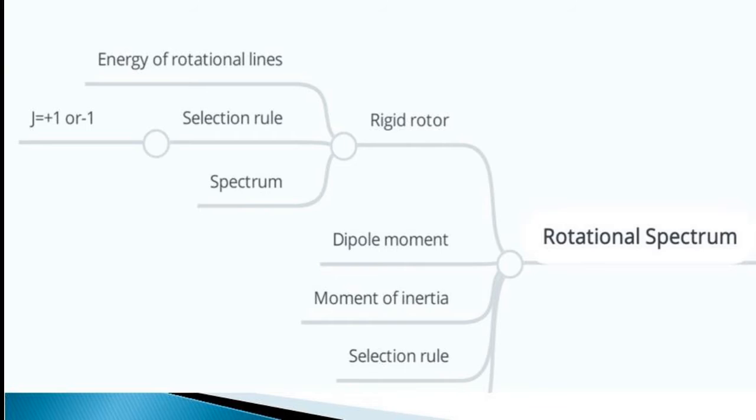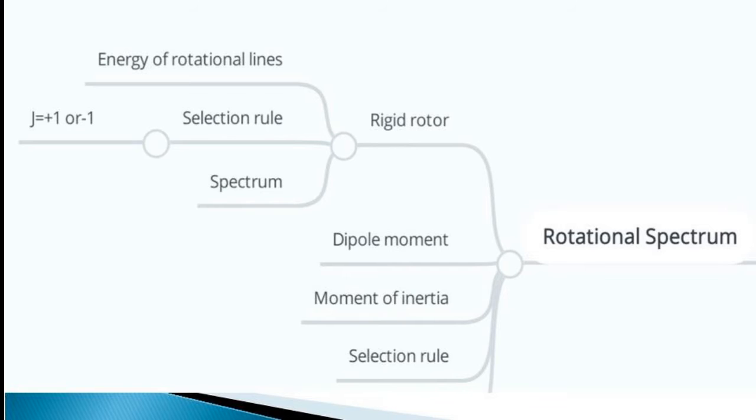This rotational spectrum point contains a brief idea about dipole moment and moment of inertia. Along with that, the rigid rotor model is also given for understanding, so you can determine energies of rotational lines of diatomic molecules.